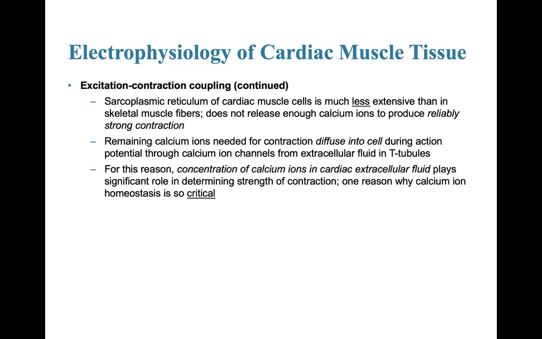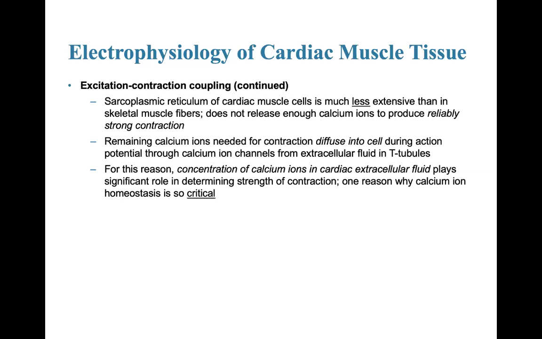The sarcoplasmic reticulum of the cardiac muscle cells is much less extensive than that of the skeletal muscle fibers, and does not release enough calcium ions to produce reliably strong contraction. The remaining calcium ions needed for the contraction will diffuse into the cell during the action potential through the calcium ion channels from the extracellular fluid in the T-tubules.